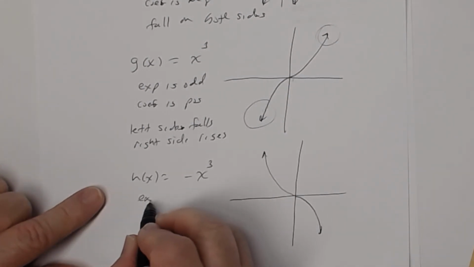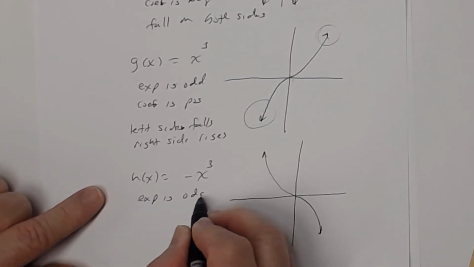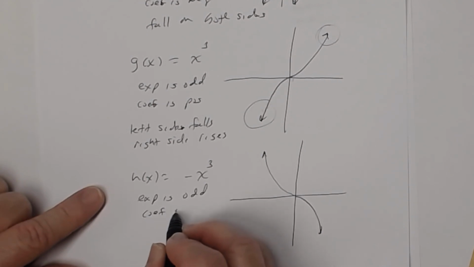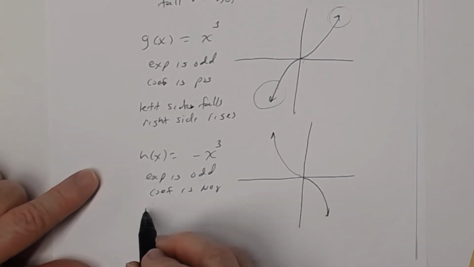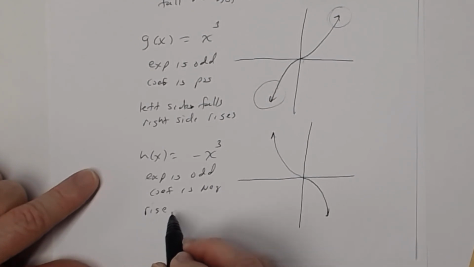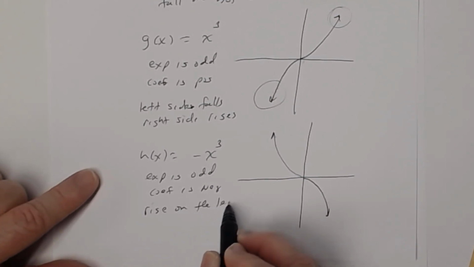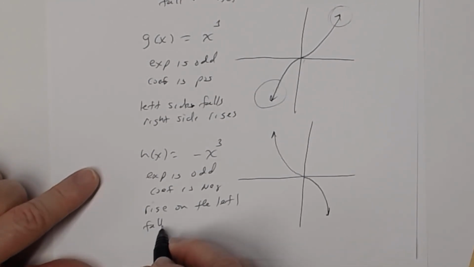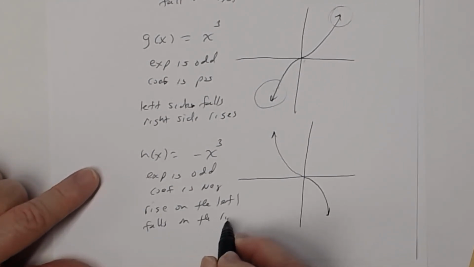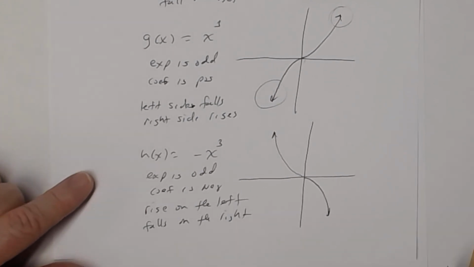So the exponent is odd and the coefficient is negative. Whenever that's the case, it's going to rise on the left, so that's the left side, that's the right side, and fall on the right. Okay? All right, so now let's look at this one.